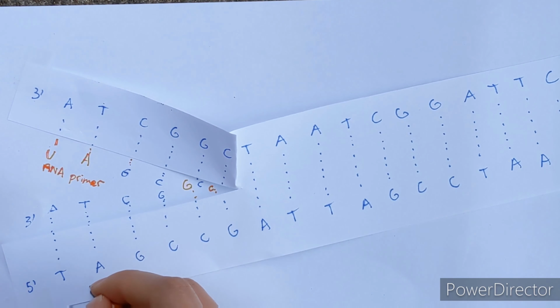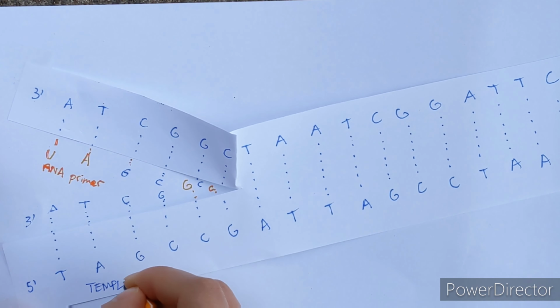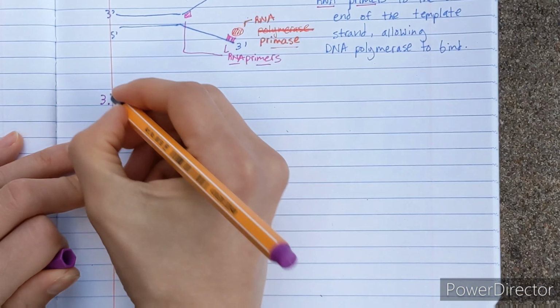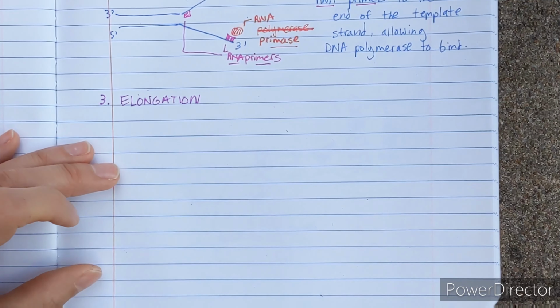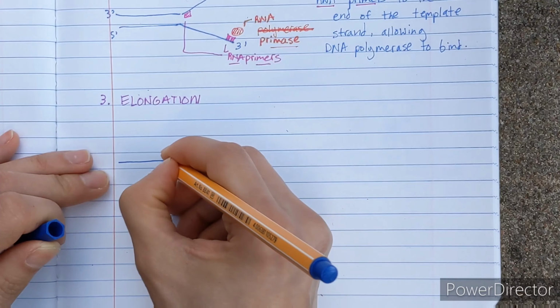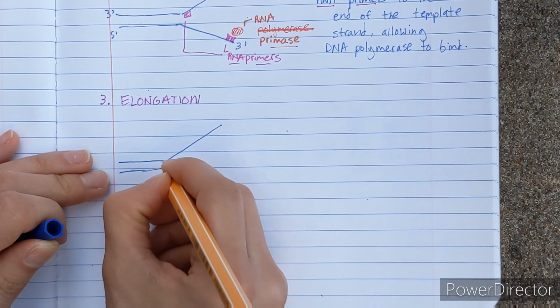Just realize this might be helpful for you to know. Our template strand is our parent DNA. He's called a template because I'm using his code to build the new strands. So, this whole process is our third step of DNA replication, also known as elongation, because I'm actually building the DNA daughter strands.